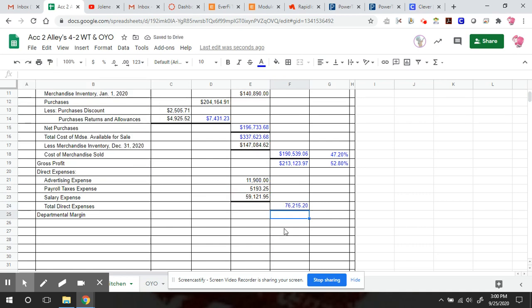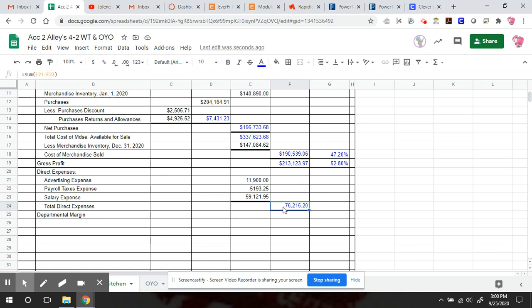So our total expenses. With this formula, I did sum parentheses, and this told it a block from E21 to E23. I could have done E21 plus E22 plus E23 to do the same thing. I could have just added these up on the calculator and plugged it in. It would have done the same thing.